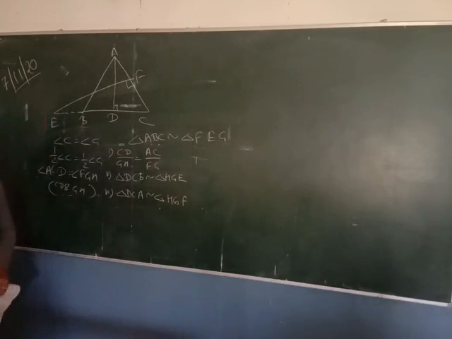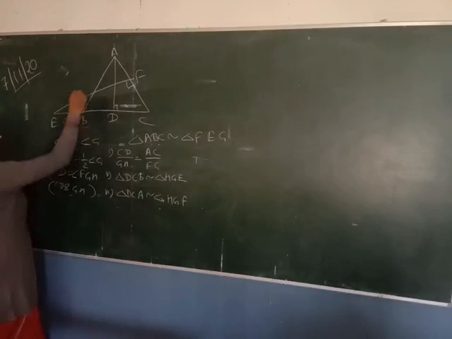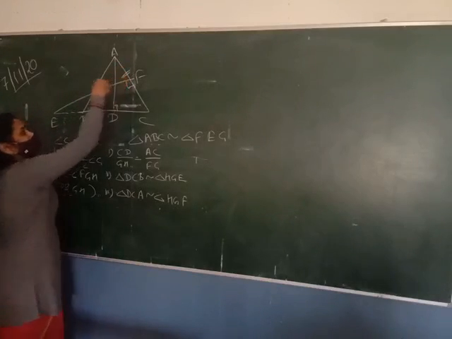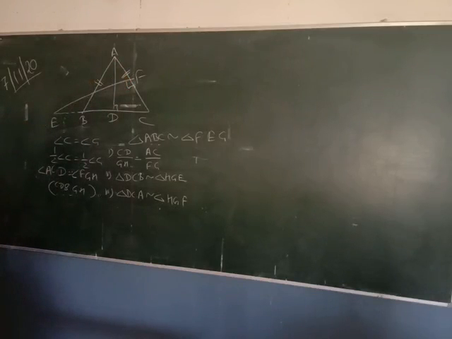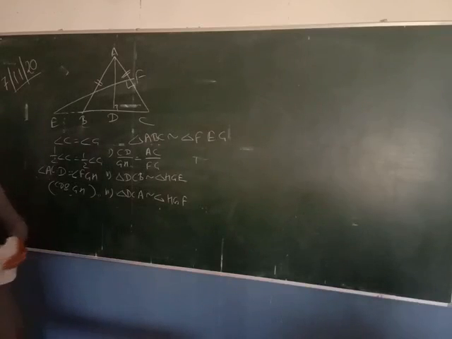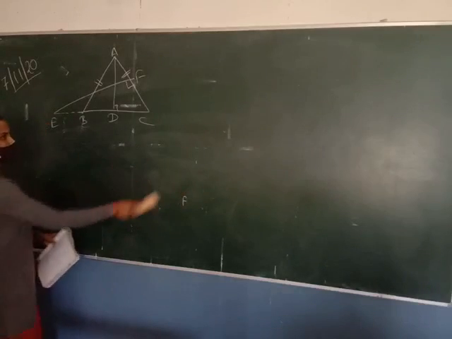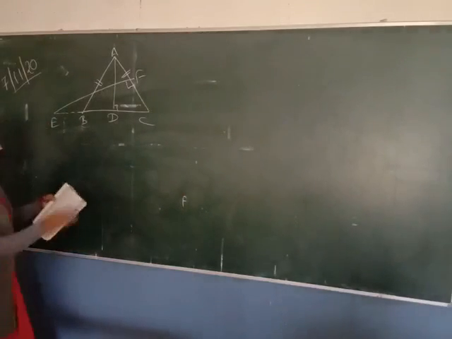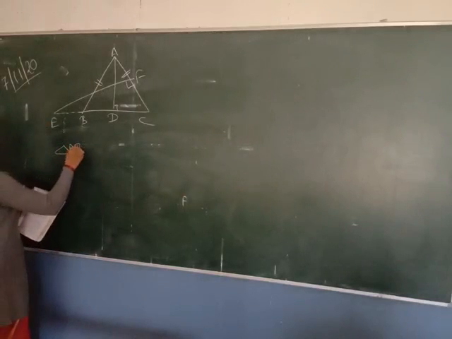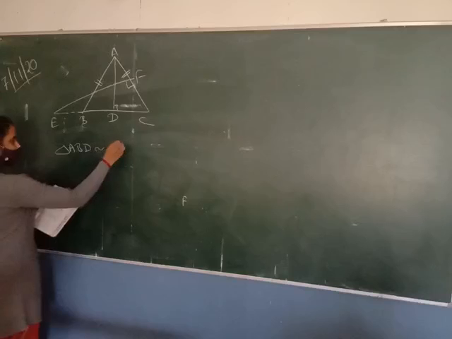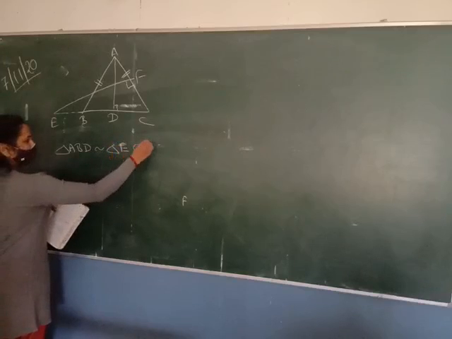This is an isosceles triangle. It means it is given that AB is equal to AC in triangle ABC. If AD is perpendicular on BC and EF is perpendicular on AC, then you have to prove that triangle ABD is similar to triangle ECF.